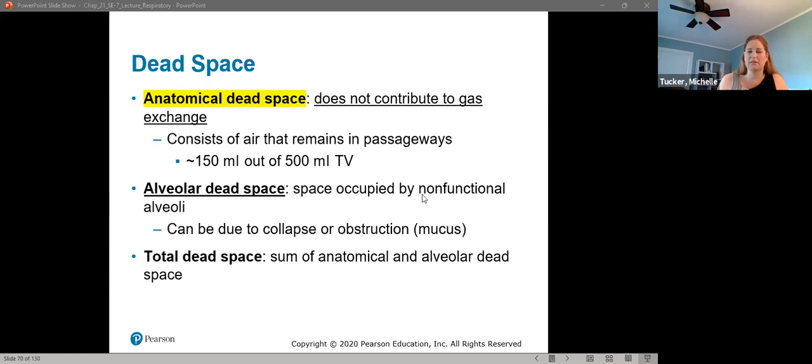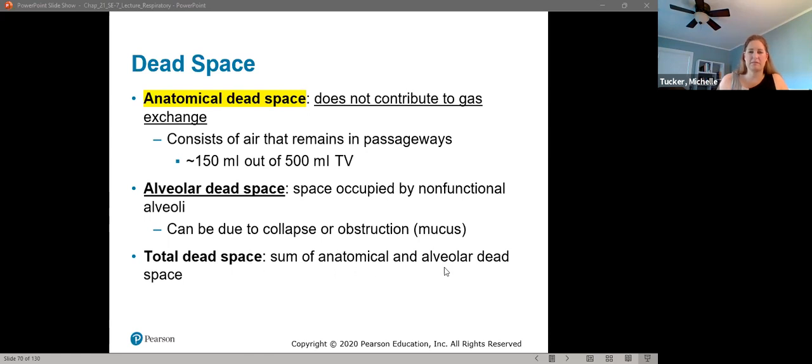Most of them are, but sometimes they're non-functional because we have a respiratory issue where we're getting lots of mucus production. Maybe there's pneumonia, maybe there's collapse, maybe there is damage due to smoking or asbestos, but these can be non-functional, and that's called alveolar dead space.